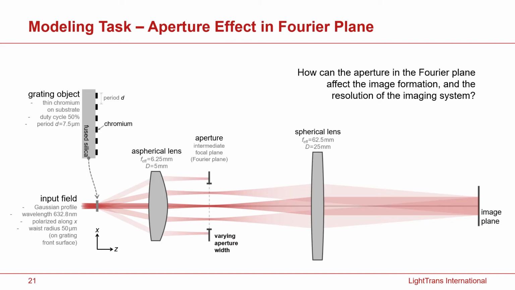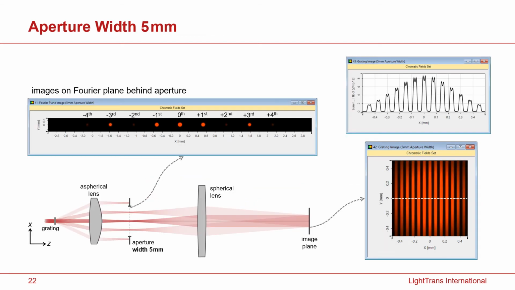Alright, in the next case, I'm making the system a little bit more complicated, to show the resolution limit. In comparison to the previous case, an additional aperture has been placed on the Fourier plane, that is the back focal plane of the first lens, and I let the diameter of the aperture be variable.